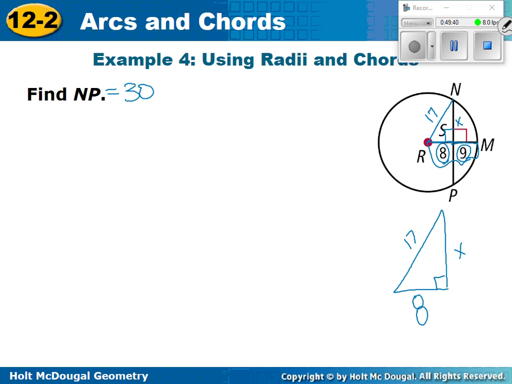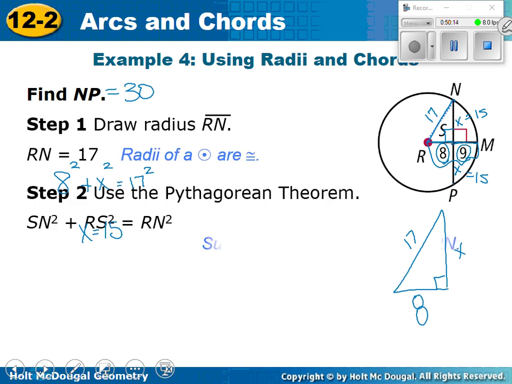Which number over there are we going to use? 1, 2, 3, or 4? 4, which says if a radius is perpendicular to a chord, it bisects the chord. So if this radius is perpendicular to this chord, it bisects the chord. If you do Pythagorean theorem here, what are you going to get for x? 15. If x is 15, what is NP? 30.